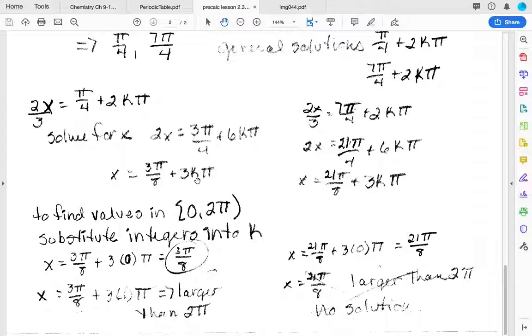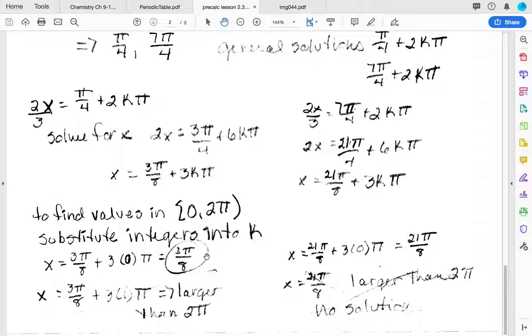So remember, k can be any integer, and we're going to start with the smallest integer. We're going to start with 0. We're going to substitute 0 in for k. So I have 3 pi over 8 plus 0 pi, which is 3 pi over 8, which falls between 0 and 2 pi, so I know 3 pi over 8 will be a solution.